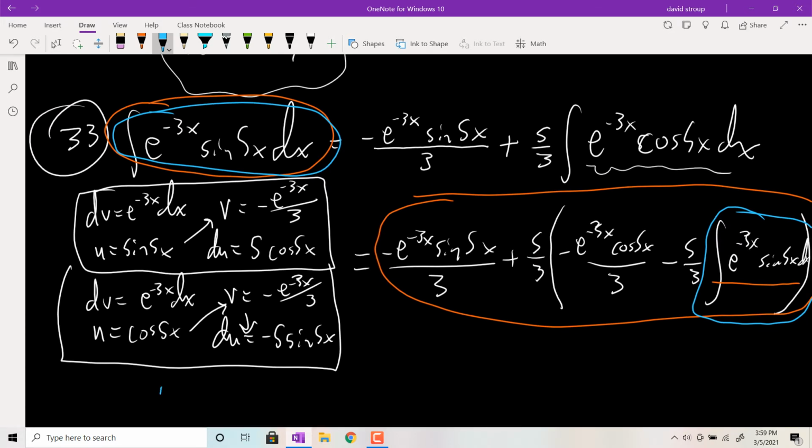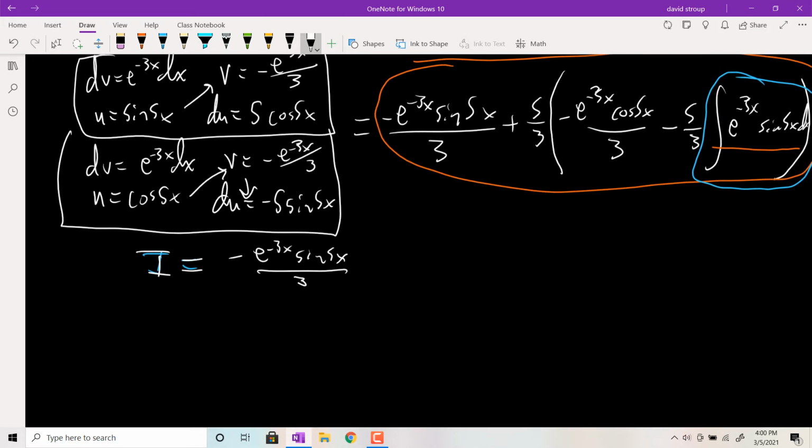So I equals negative e to the negative 3x sine 5x all over 3. Then minus, when I distribute this 5/3 to both terms, minus 5/9. In the numerator, there's an e to the negative 3x cosine of 5x.